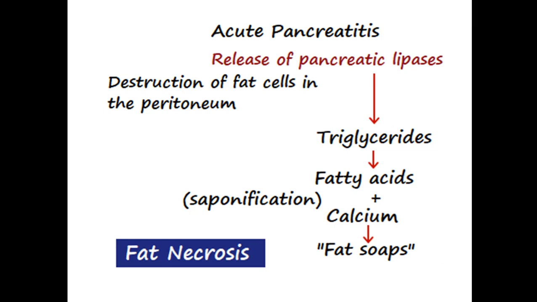As we know, lipases are the enzymes that will break down fats. The lipases will break down triglycerides present in the fat cells located in the peritoneum, and breaking down these triglycerides by the pancreatic lipases will result in the release of fatty acids and glycerol.